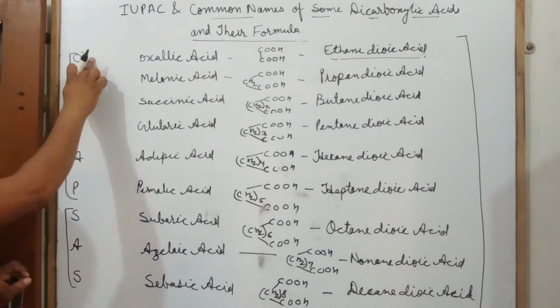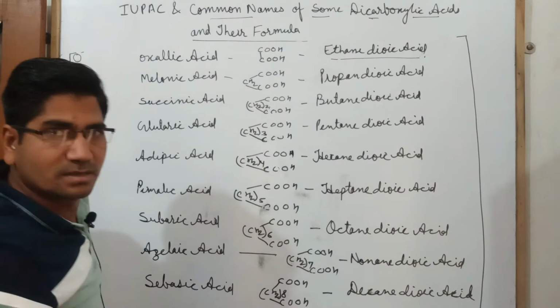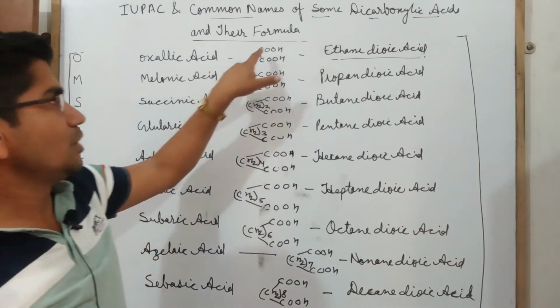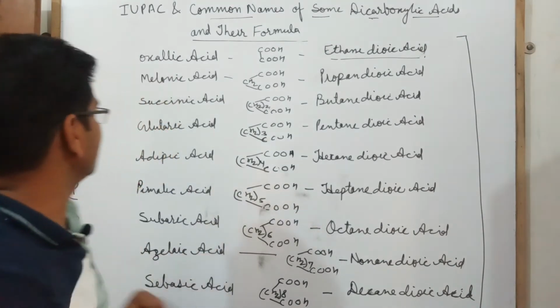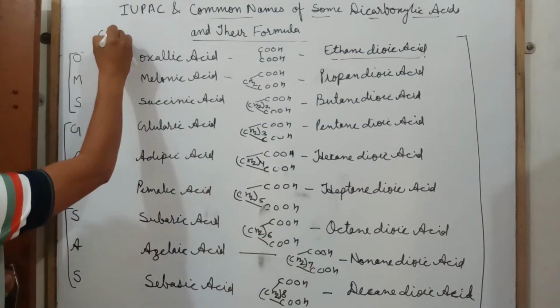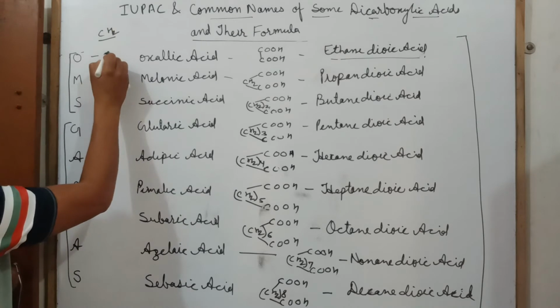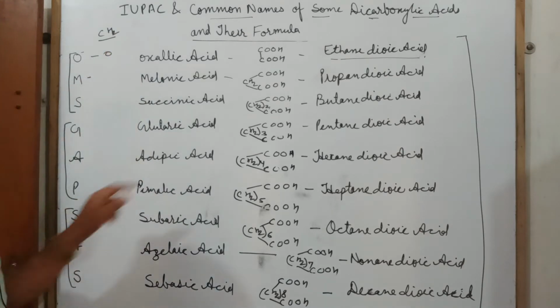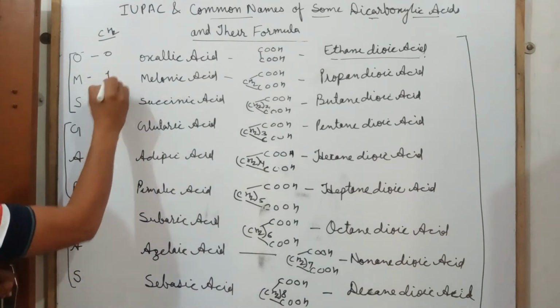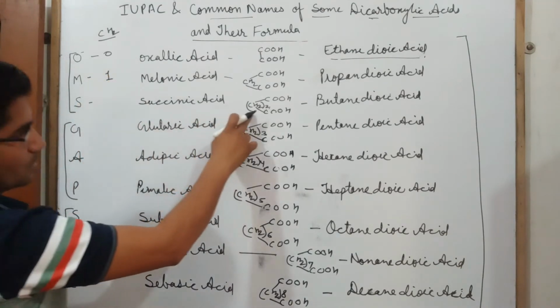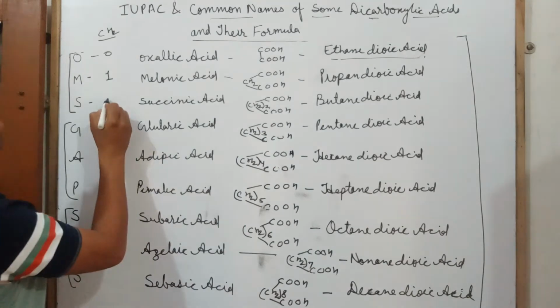In oxalic acid, the number of CH2 is 0. It means only two COOH groups are present, but the number of CH2 is 0. So I can write here number of CH2: 0. In malonic acid, there is only one CH2, so I will write 1. In succinic acid, the number of CH2 is 2.